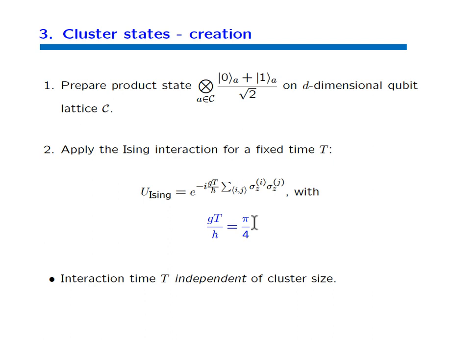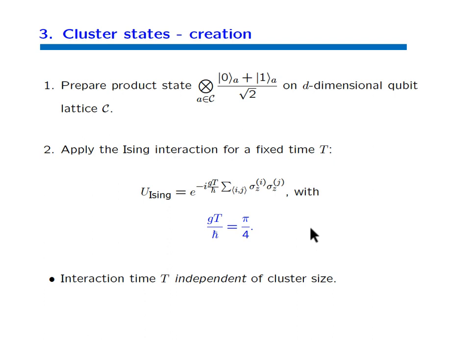So this time is given by that relation, and what pops into the eye is that the time you need to switch on the Ising interaction is independent of the number of qubits in the state. It is always the same time. And so the time it takes to create a cluster state in this fashion is independent of the size of the cluster state. So cluster states can be efficiently created if you have the Ising interaction at your disposal.